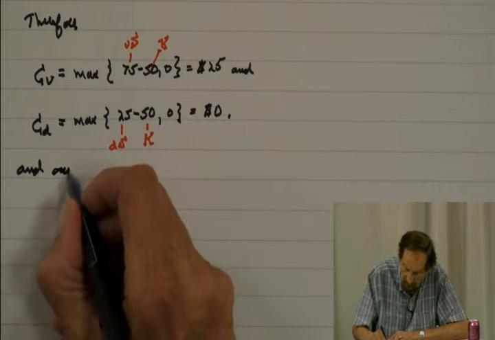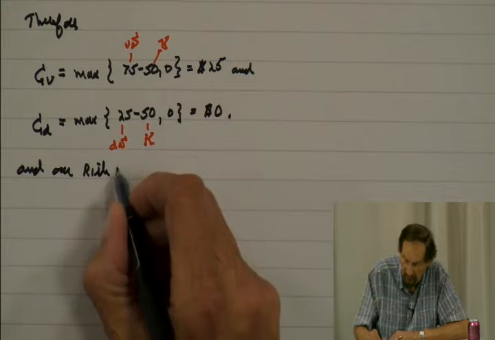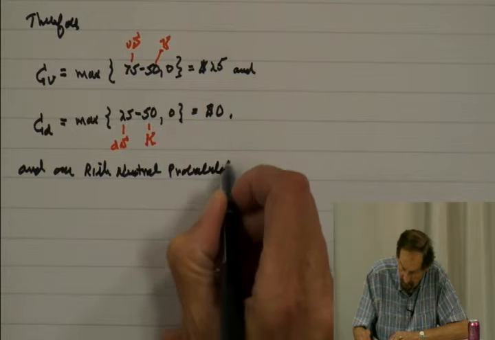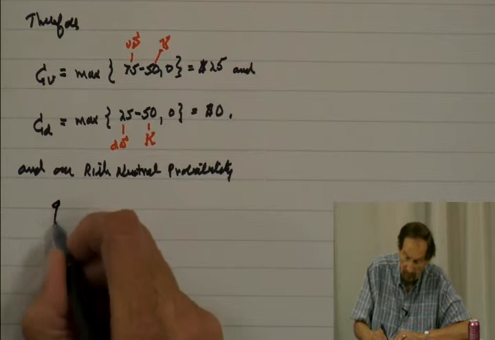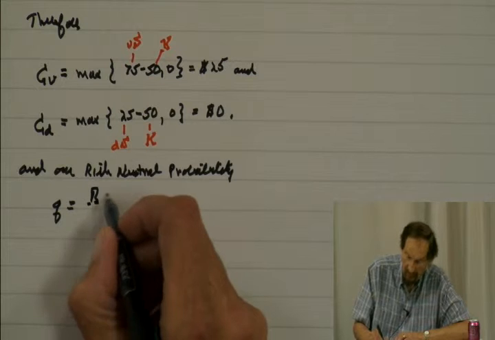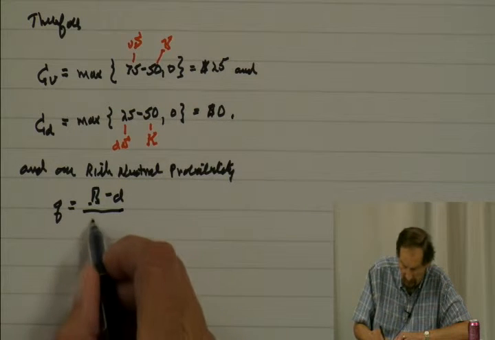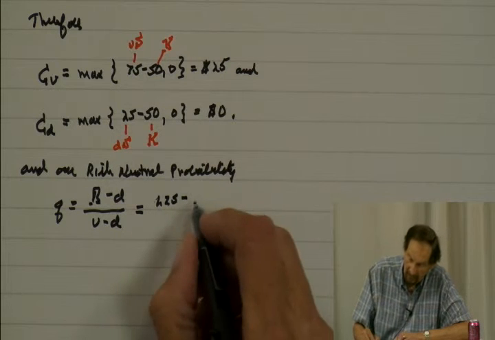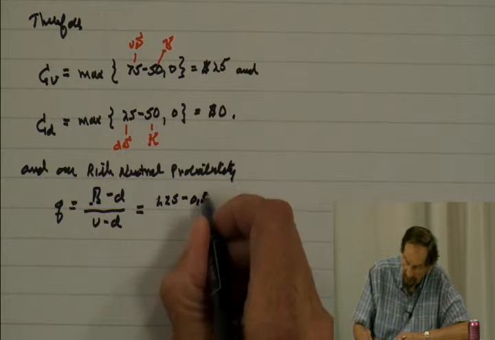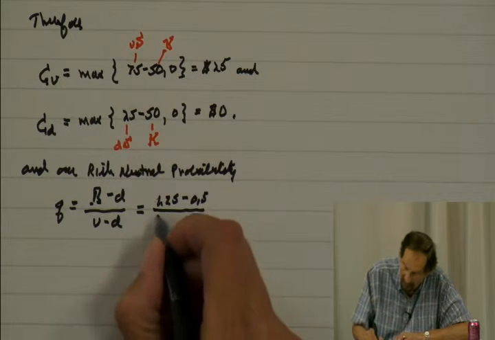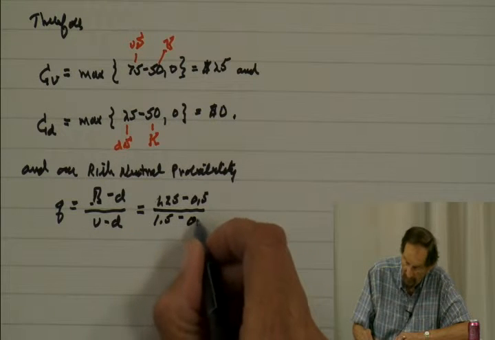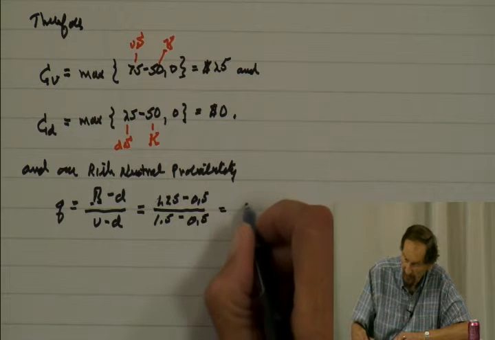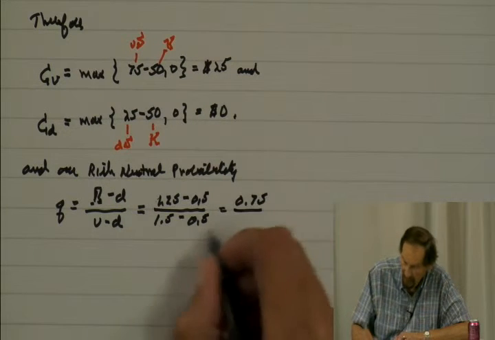Our risk neutral probability is what? Q equals R minus D over U minus D, well, lowercase u minus d, equals 1.25 minus d, which is 0.5, over 1.5 minus 0.5, equals, on the top we have 0.75, and on the bottom we just have 1.